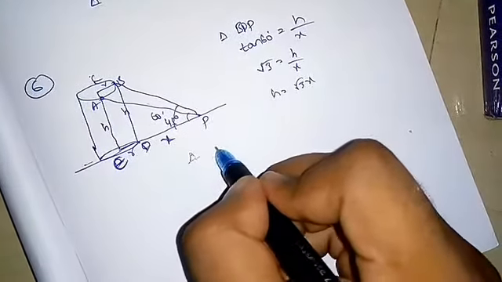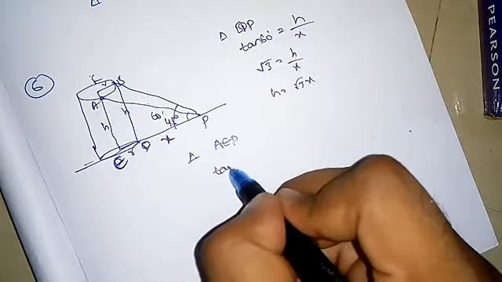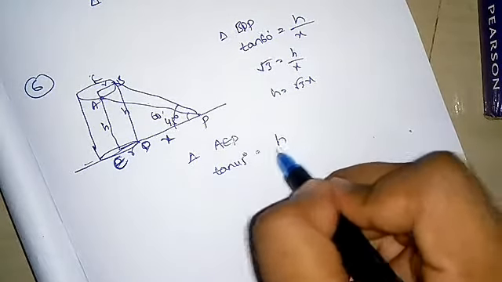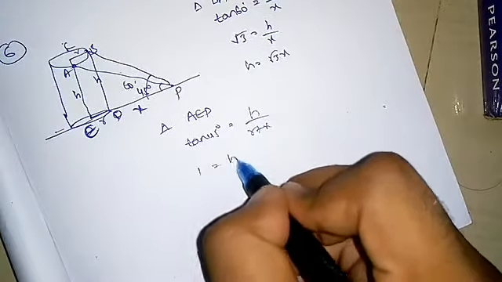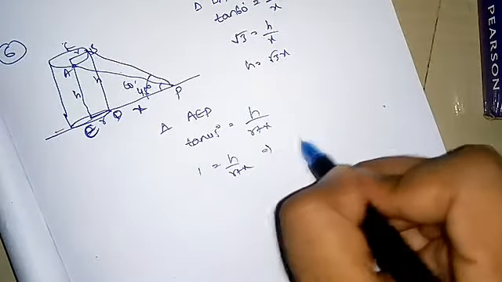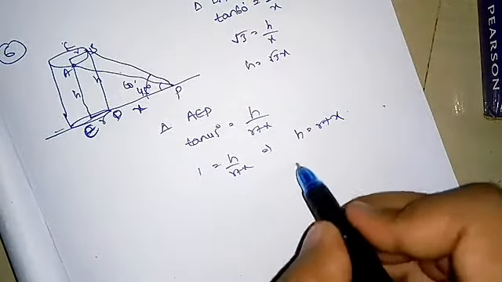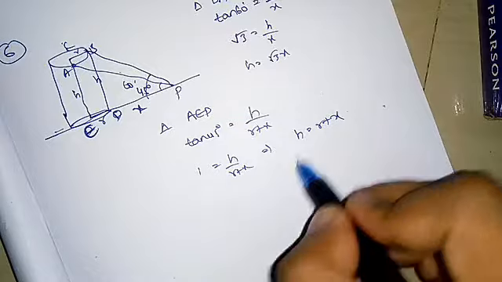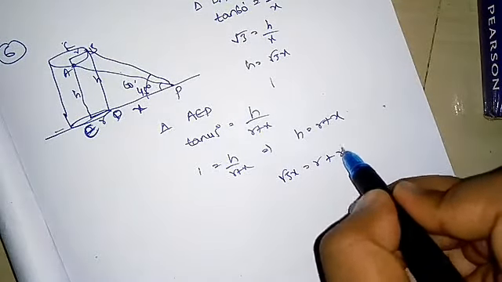Now in triangle AEP, tan 45 degrees is equal to h by r plus x. So 1 is equal to h by r plus x, which implies h is equal to r plus x. Or you can substitute h as root 3 x. Root 3 x is equal to r plus x.